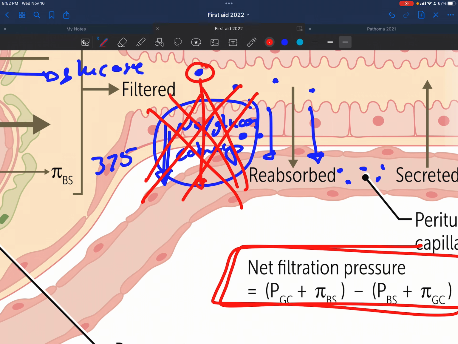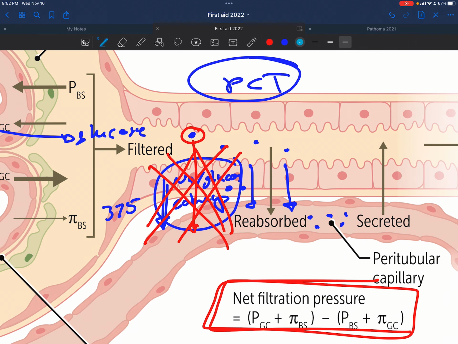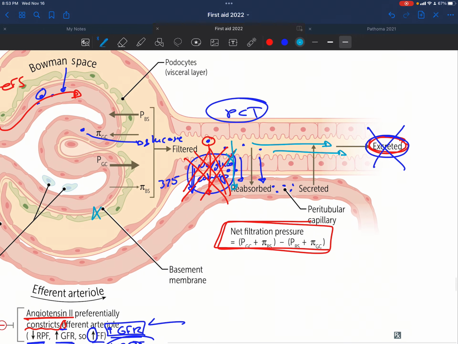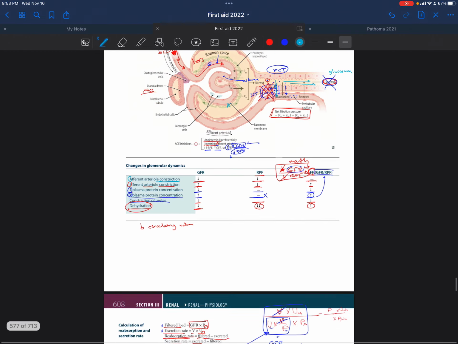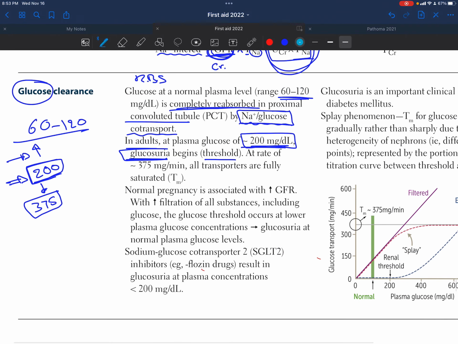And because they cannot move these glucose particles into the blood, these glucose particles go only one direction. They will be excreted in the urine. That's why when we check the urine now, we will see glucosuria. So we have urine filled with glucose now. So at 375, all the transporters are fully saturated. That's why we call it Tmax.